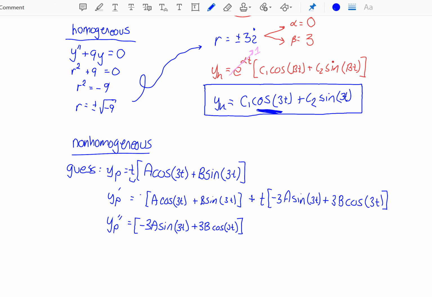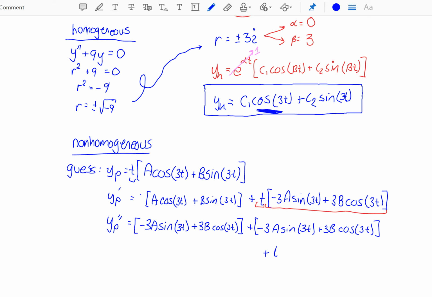Now again, with this second piece we're going to have to use the product rule because you have the product of two factors. So the derivative of t is just 1, so 1 times the second regular, plus, by the product rule, the derivative of the second times the first.